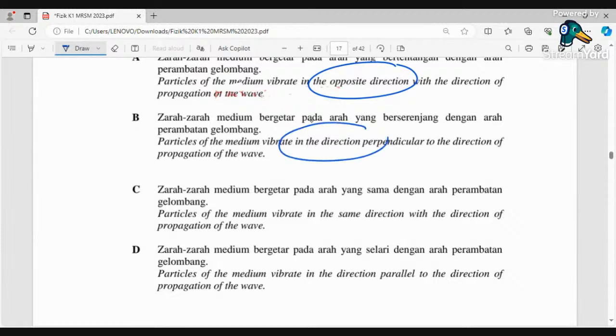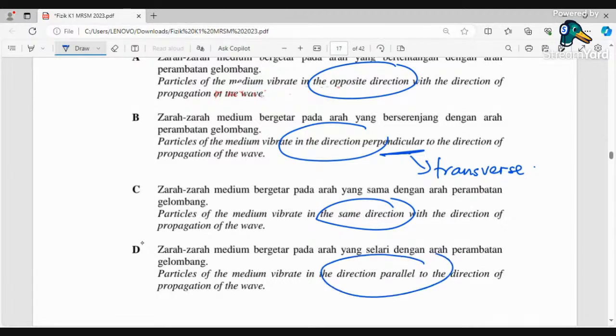Vibrate in the direction perpendicular. Perpendicular ialah transverse. Same direction, same as A. Ini not really accurate. Look at the parallel. So ini yang paling accurate. Okay. Parallel to the direction of propagation.